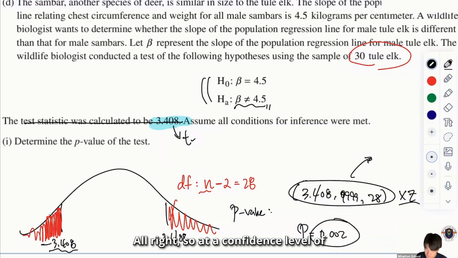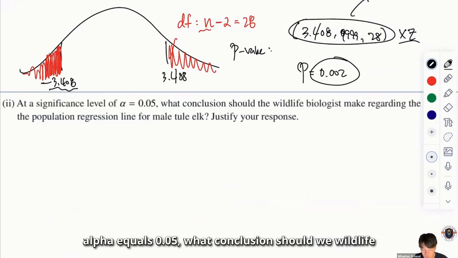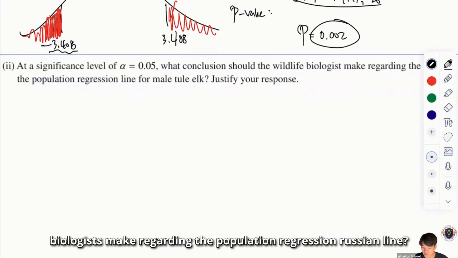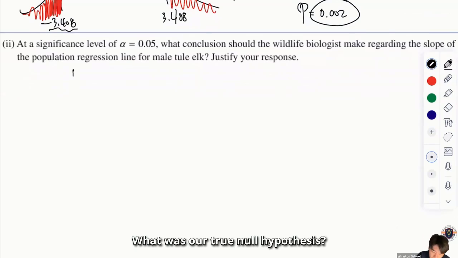At a significance level of alpha equals 0.05, what conclusion should the wildlife biologists make regarding the population regression line? What was our null hypothesis?